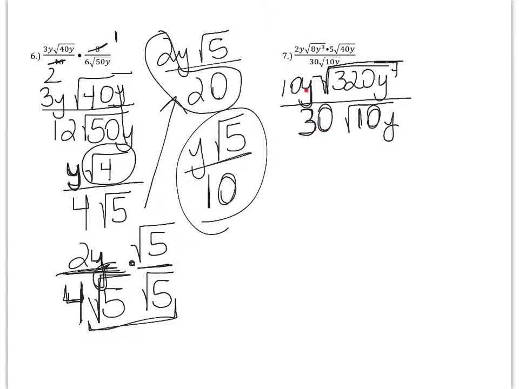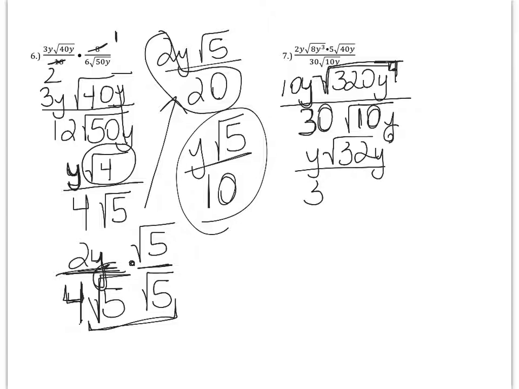So I'm going to make that y over 3. And then the 320 divided by 10, well, that's going to give me 32 over 1. So I'm just going to make that the square root of 32. And then the y at the bottom here, well, that's going to cancel out one of the y's at the top, and I'm going to get y to the third.